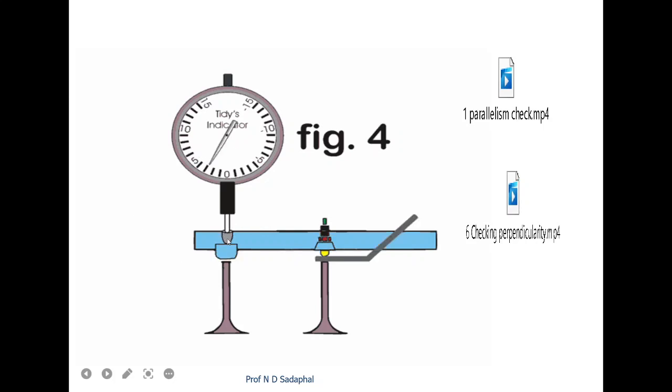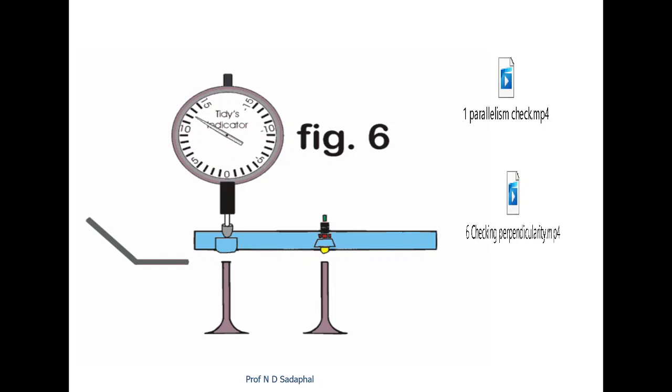When the plunger moves up and down, this needle will deflect and show the variation. Initially we have to set the dial indicator with the standard length, then zero is set and then the measurement is done.